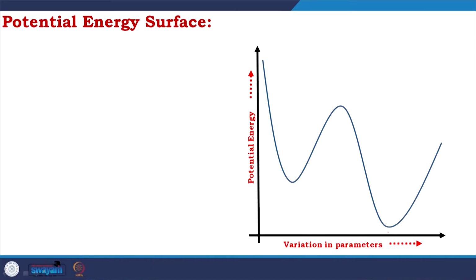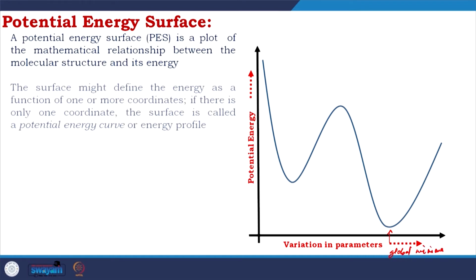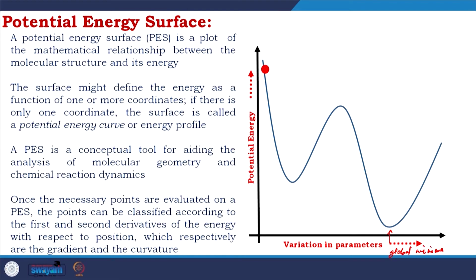So, we know that if we have a curve like that, definitely the lowest point would be considered the global minima. Coming back to that, this is your starting point, you apply energy minimization, and you come to the local energy minimum.